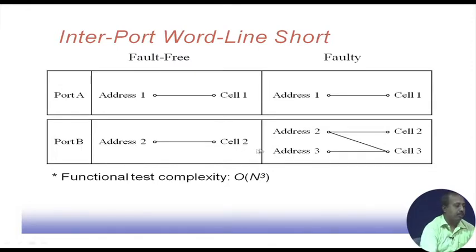Now, what is the situation? If there is a word line short, then in a fault free access, if port A is given address 1, it will access cell 1, and if port B is given address 2, it will access cell 2.